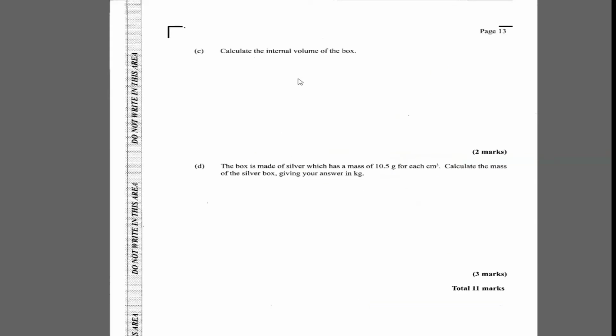Now it says calculate the internal volume. Now the internal volume is going to be the same, length times width times height, or length times width times depth, whatever you want to say. So it's now 27 times 17 times 12.